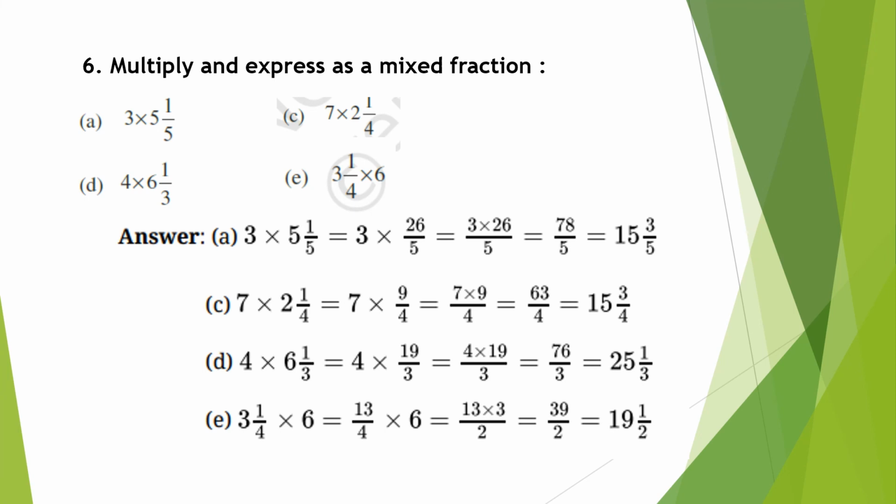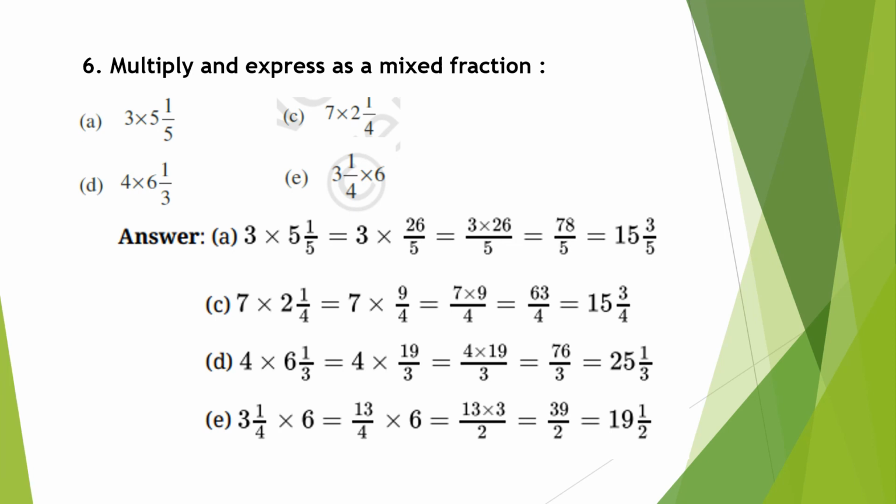So we get 4 into 19 whole divided by 3, which is equal to 76 upon 3. This is the lowest form and it is an improper fraction. So we can convert it into mixed fraction. So we get the answer as 25 integer 1 by 3.